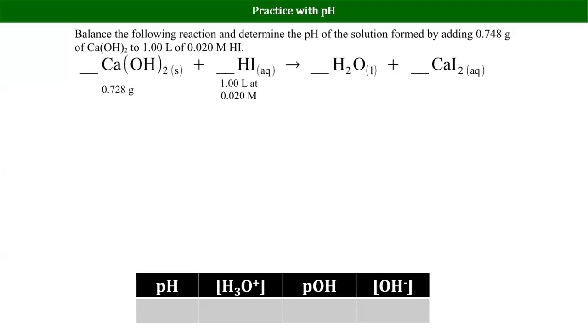We can take that 10 to the minus 14 equals 3 times 10 to the minus 4 times concentration of hydroxide. So divide both sides by 3 times 10 to the minus 4. Yeah. What does that give you for hydroxide concentration? There are 2 ways to get there. They will give us slightly different numbers because logs make all these tiny rounding errors bigger.